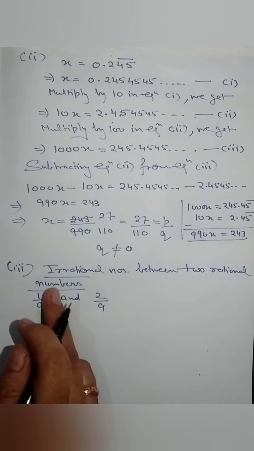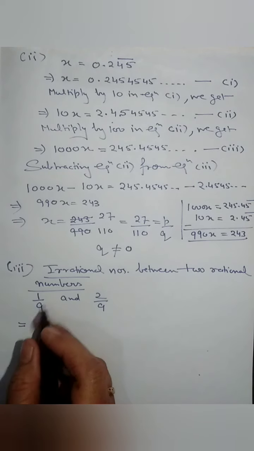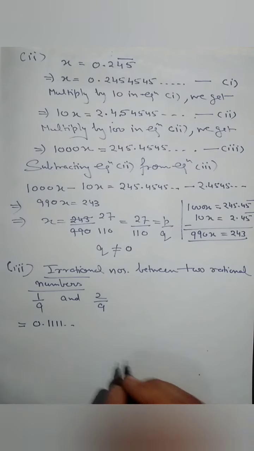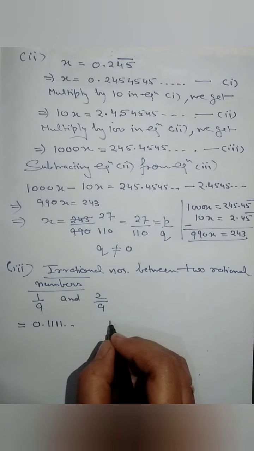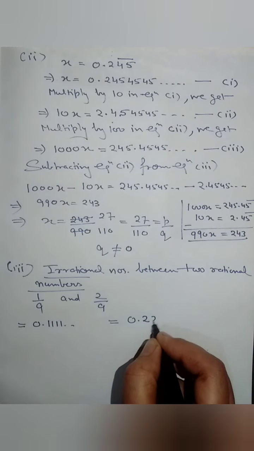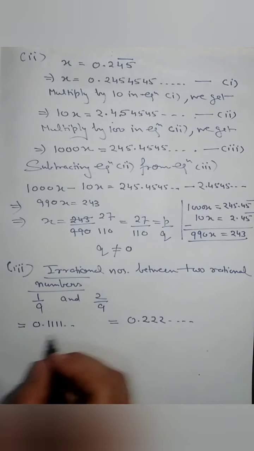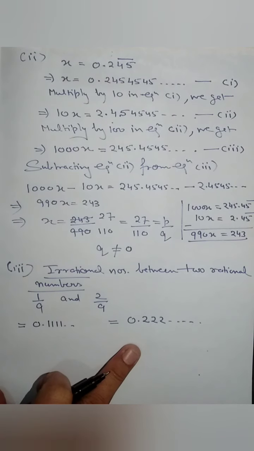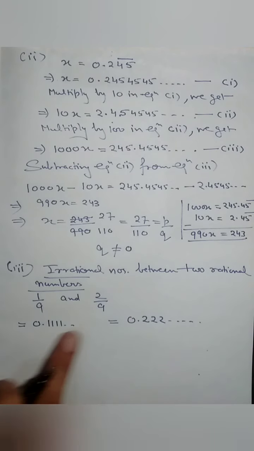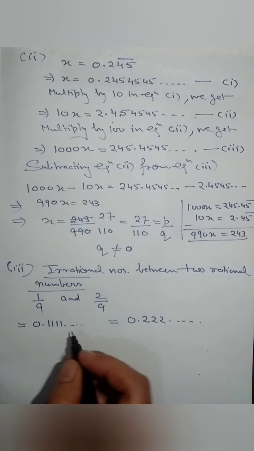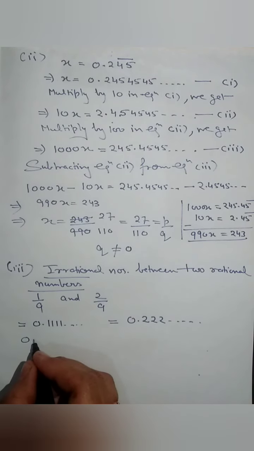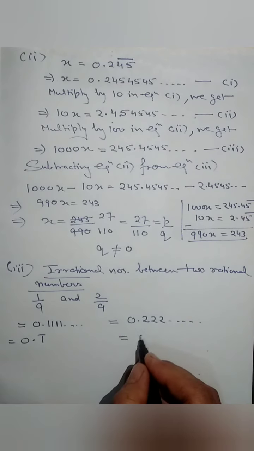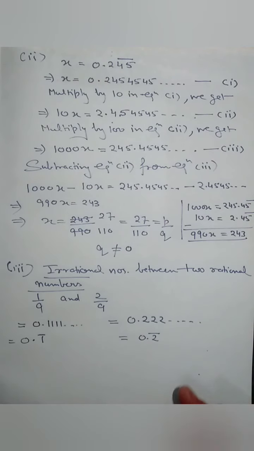So first of all we will write the decimal expansion. 1 by 9, as we know, can be written as 0.1 bar, and 2 by 9 can be written as 0.222 and so on. Now we have to write one irrational number between these two rational numbers. Both decimal expansions are non-terminating repeating: 0.1 bar as digit 1 is repeating continuously, 0.2 bar as digit 2 is repeating continuously.